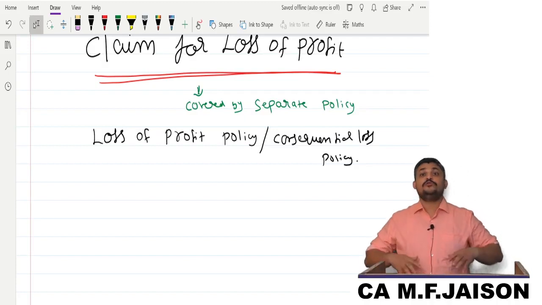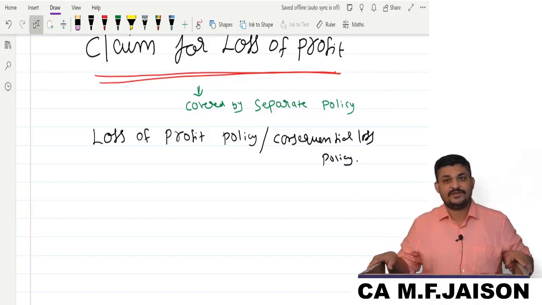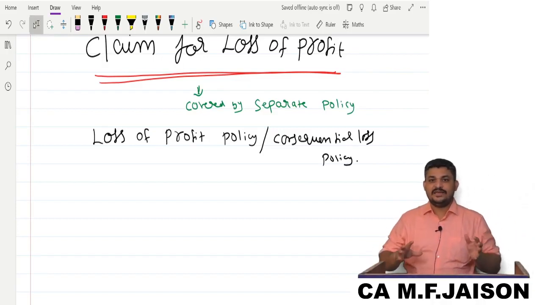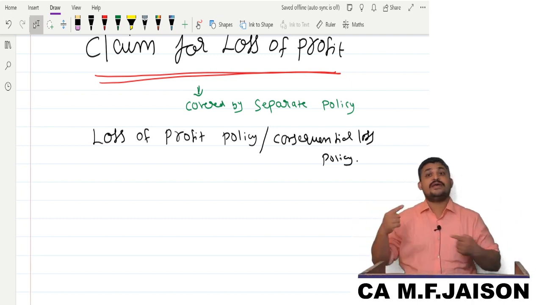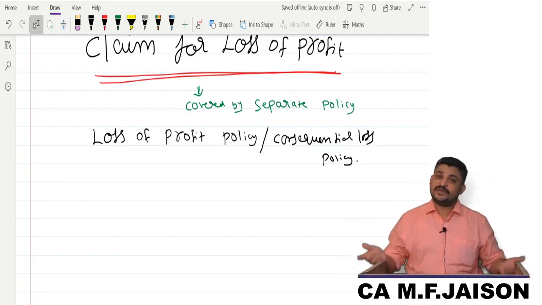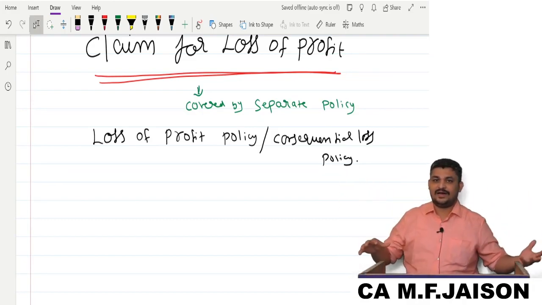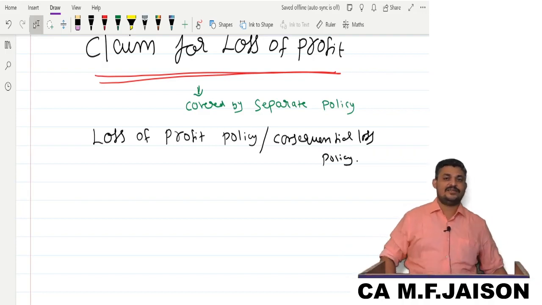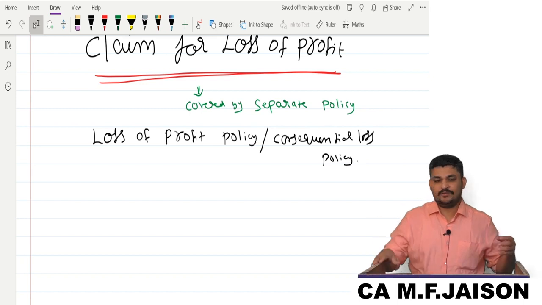Even though you don't have stock lost, you still have loss of profit. So it is certainly not just stock lost. Suppose you saved all the stock, you may still have loss of profit. Then they will tell, like, machinery loss, furniture loss, building has been damaged.